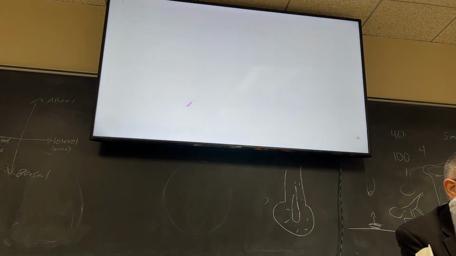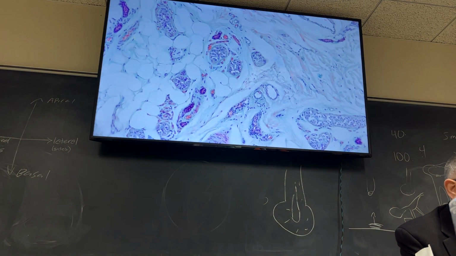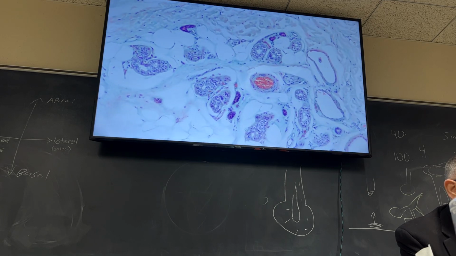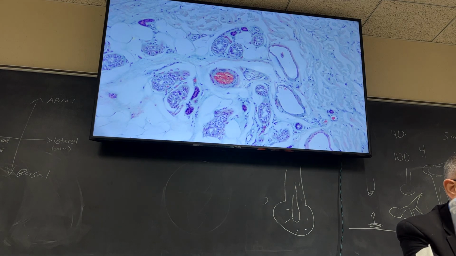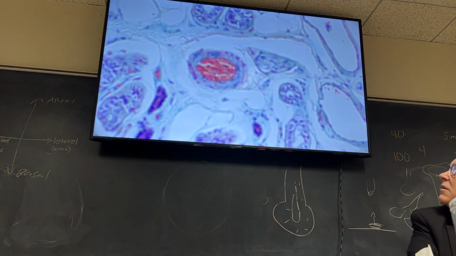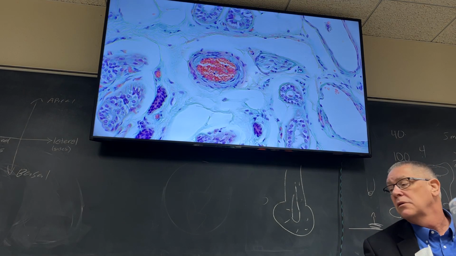Let me go see another one. Hold on. See if I can find a bigger one. Here, how about this one? This one's got a little different shape. How about that one? Much easier to see on that one, right?